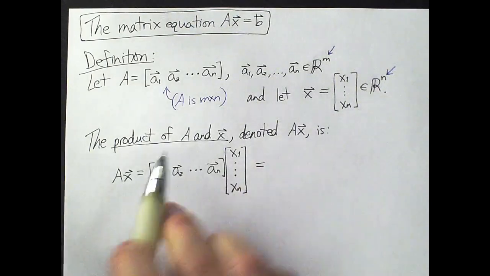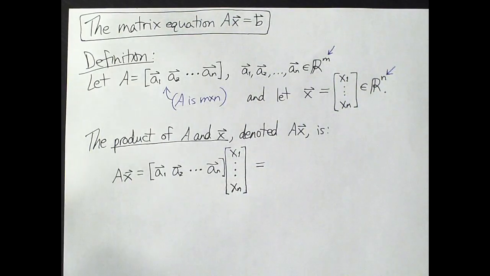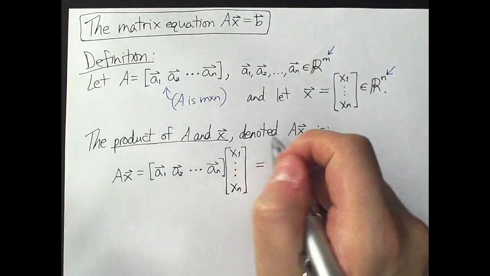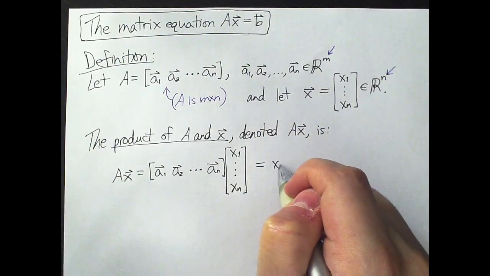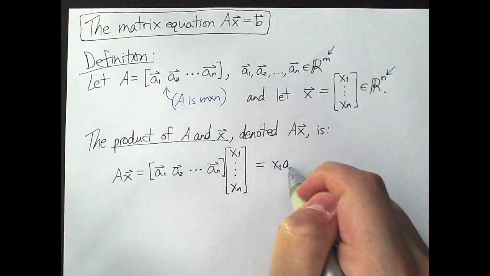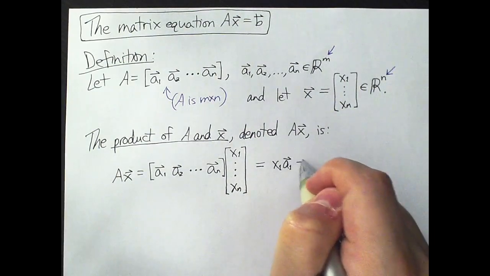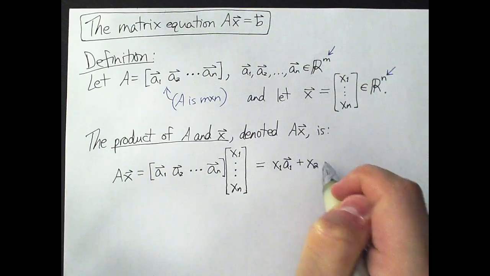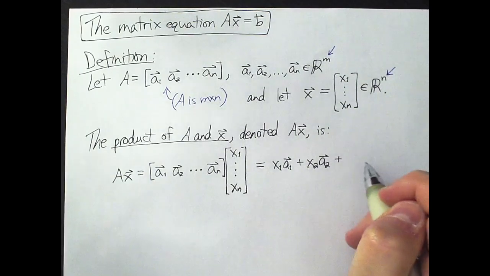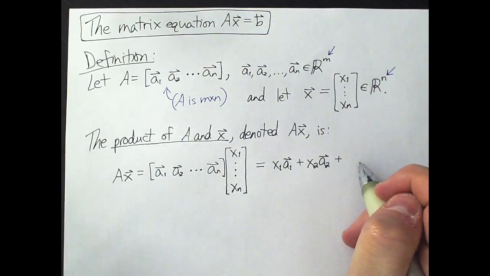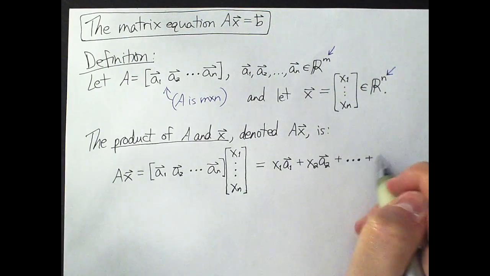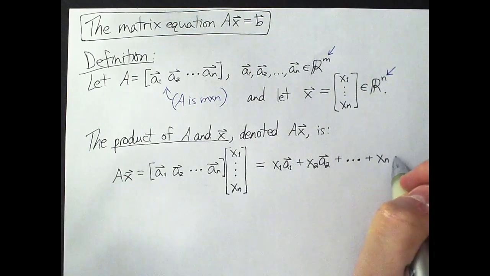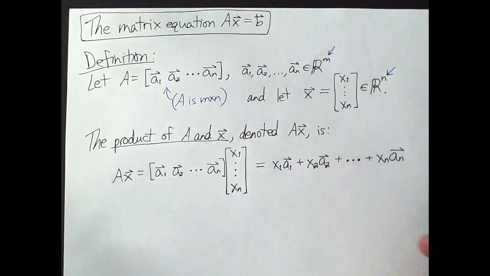It needs to involve these X's and A's in some way. It's actually going to equal the first entry of X times the first column of A plus the next entry of X times the next column of A, plus the next entry of X times the next column of A, etc., until we get all the way to the last entry of X times the last column of A.